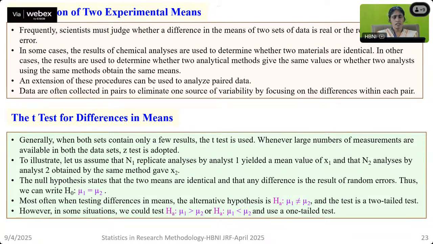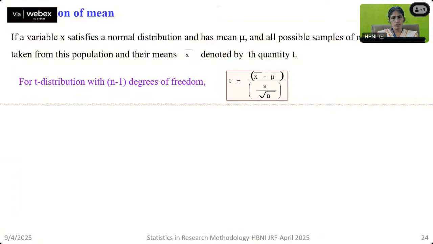Here again, the null and alternate hypotheses have a similar form as we discussed for the Z value. When we are comparing one mean with a reference value, say x bar with mu, here again we can use the t distribution formula and calculate the t value, then compare with the corresponding t value in the table for the respective number of degrees of freedom as well as the significance level.